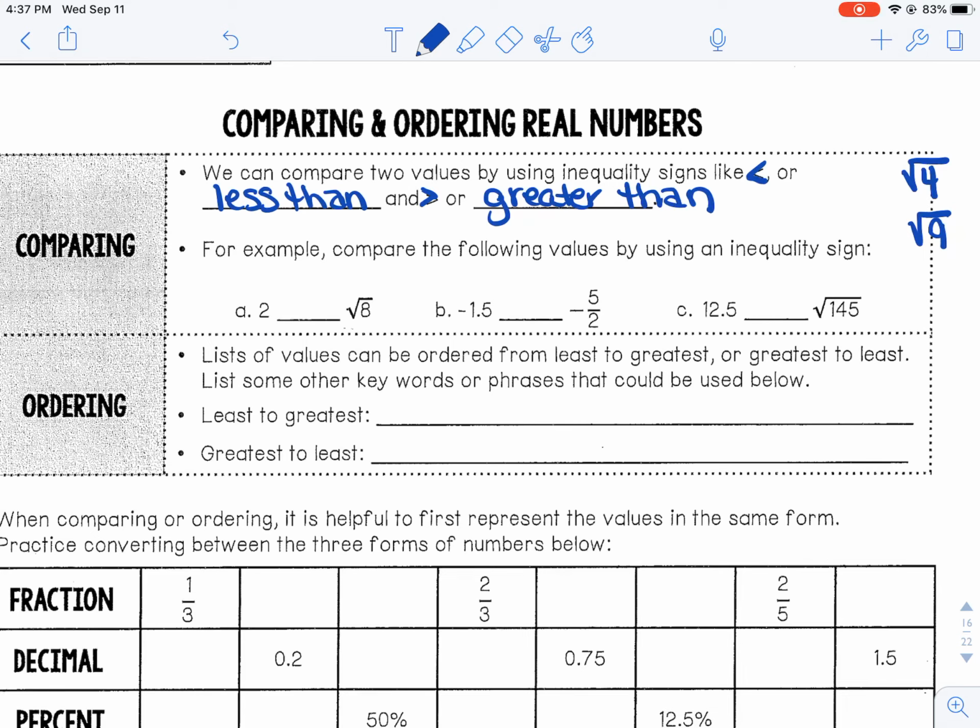So if I were to just approximate what the square root of 8 is, I know it's 2 point something. Since the square root of 8 is very close to 9, I can approximate that it may be around 2.8. Either way, which one is greater? The square root of 8 is going to be greater than 2.